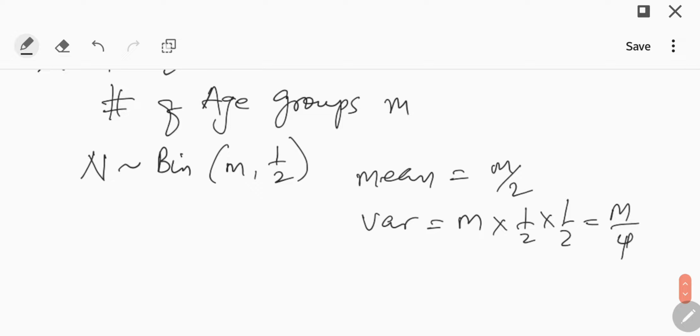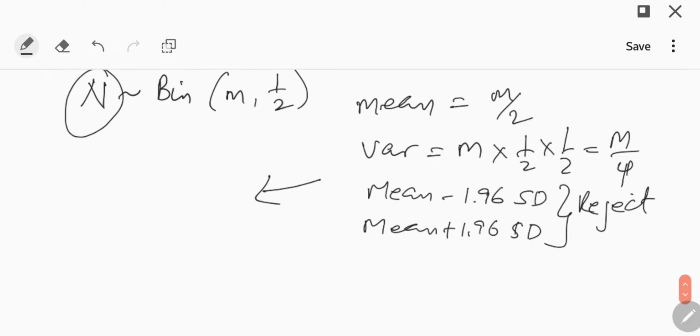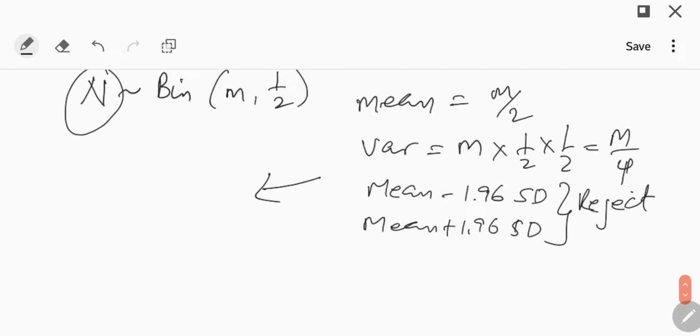So if the actual observed number of positives is much lesser than the mean minus 1.96 times standard deviation, if I'm making a normal assumption, or if my n is greater than mean plus 1.96 standard deviation, we will reject the null hypothesis and say there is over or undergraduation.